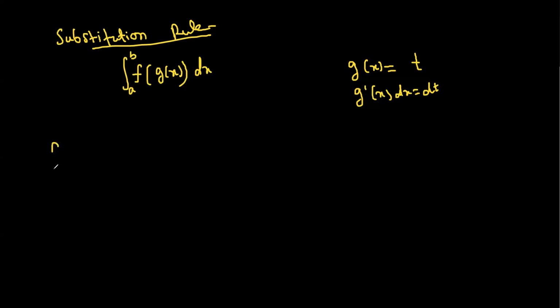For example, let's suppose e raised to x square plus 1 into 2x. How can you simplify this? First of all, you can see this is e raised to one function, right?